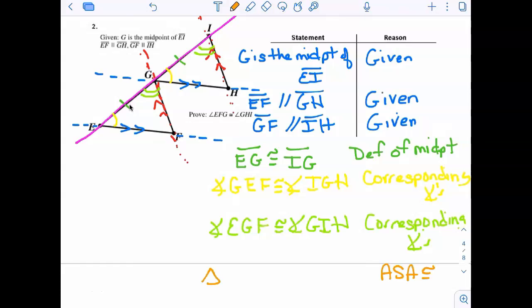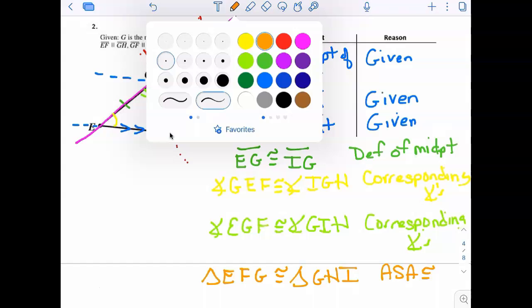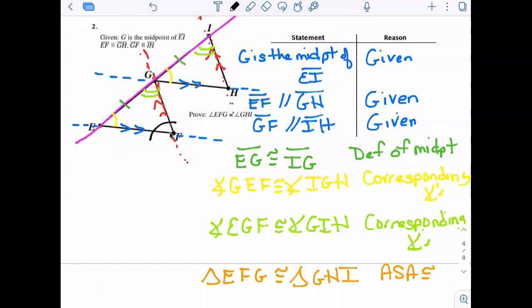So triangle EFG would be congruent to triangle GIH. Okay, and so now we're trying to prove that angle EFG, so this angle here, and GHI, we're trying to prove that these two are congruent.